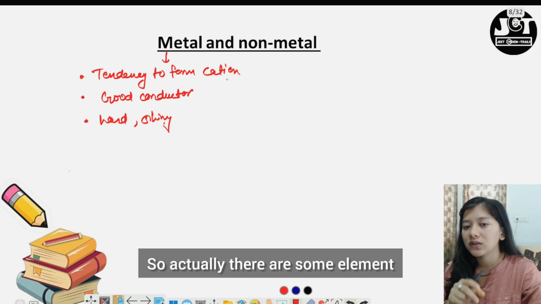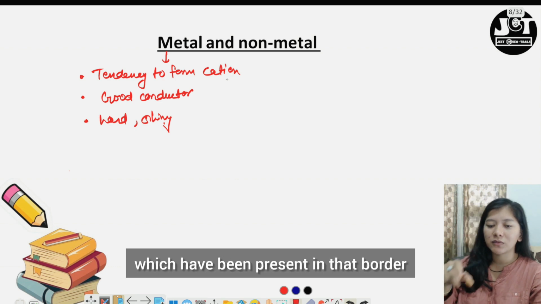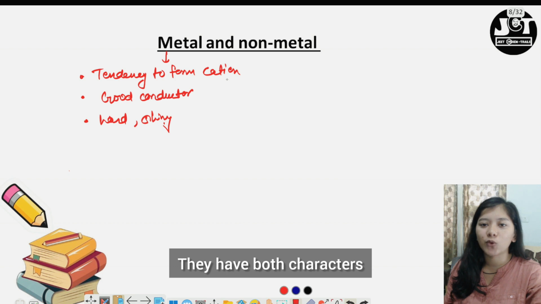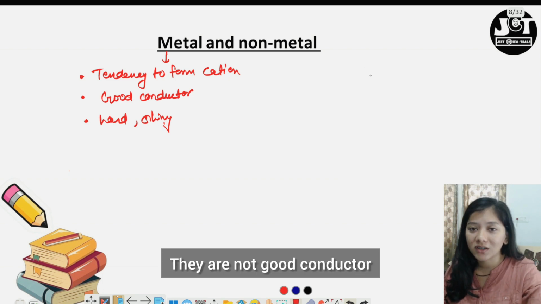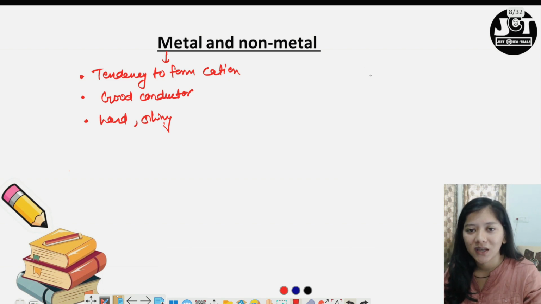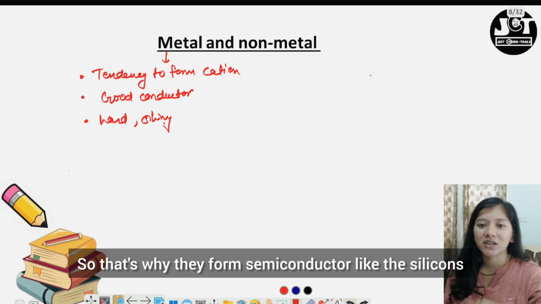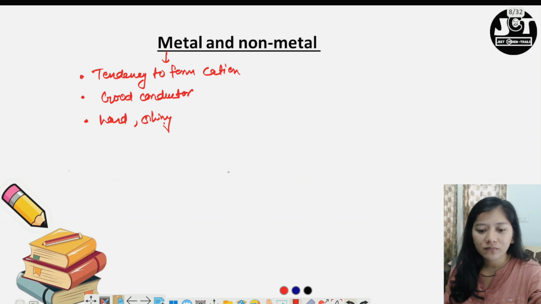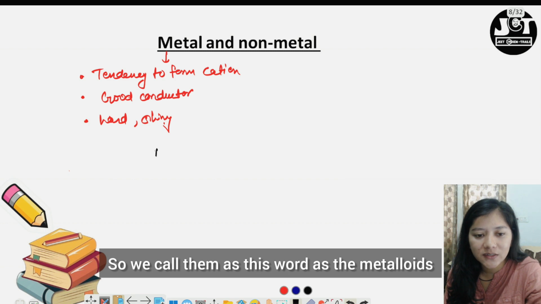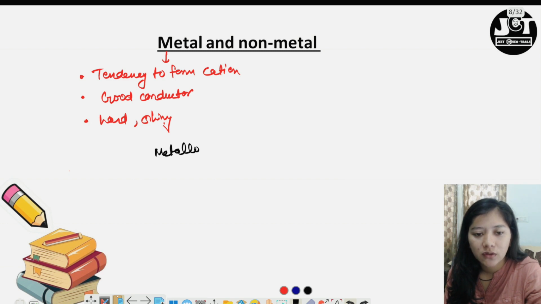Actually, there are some elements present on that border. They have both characters. They are not good conductors, they are not bad conductors, they are in between. That's why they form semiconductors like silicon, right? We call them metalloids.